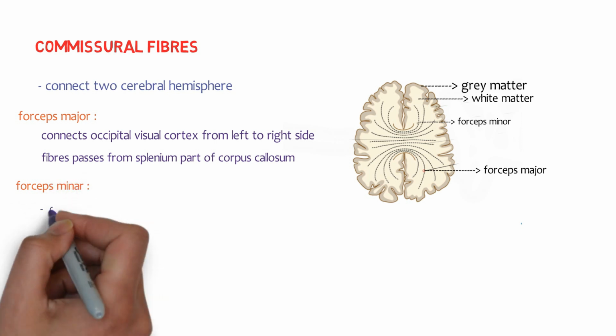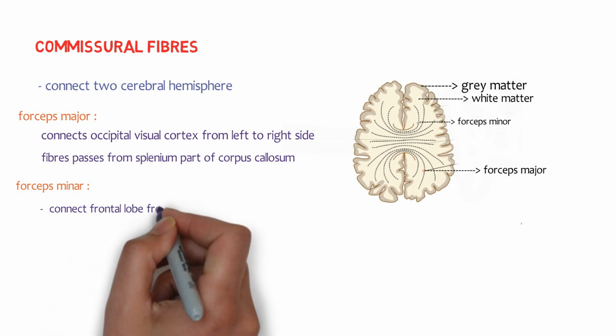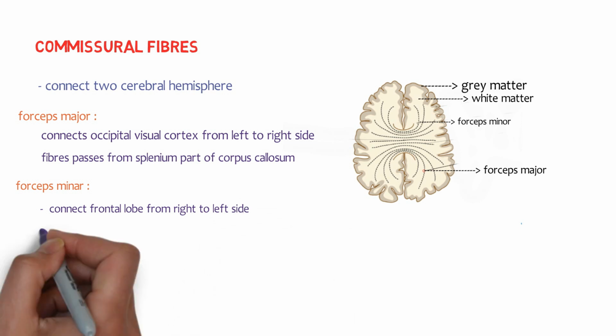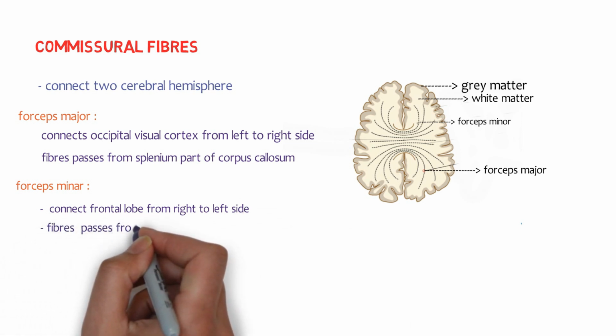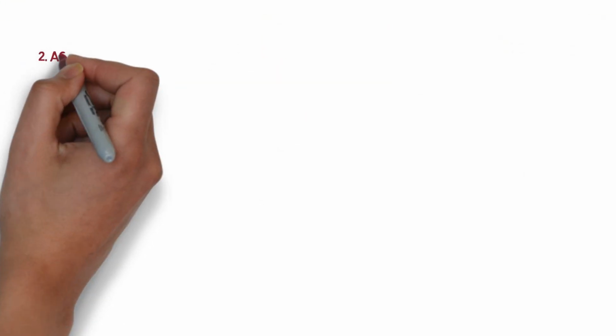It connects the frontal lobe from right to left side or left to right side. So basically this connects the frontal lobes of both cerebral hemispheres, and the fibers pass through the genu part of the corpus callosum. Look over here. This is the genu, and the fibers of forceps minor pass through this part. So this is about the commissural fibers that connect the two cerebral hemispheres.